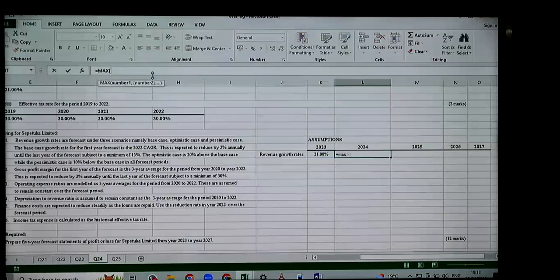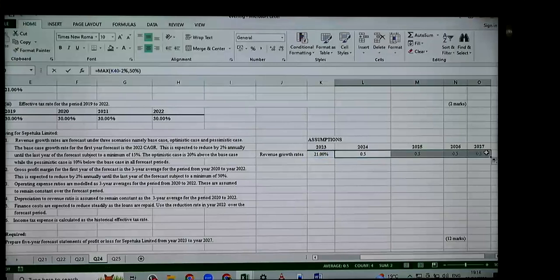Then our first number is this one here, minus 2%. Then I press comma, 50%. I close the brackets, Control Enter. I don't know why it's bringing that way. Okay, I'll do Control Z, Control Z. So maybe the formula is not working.